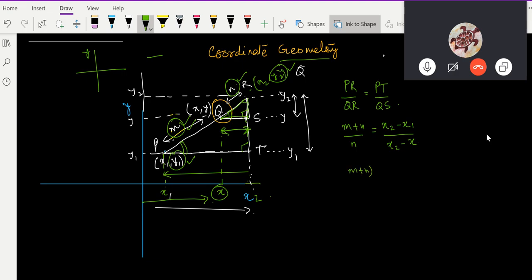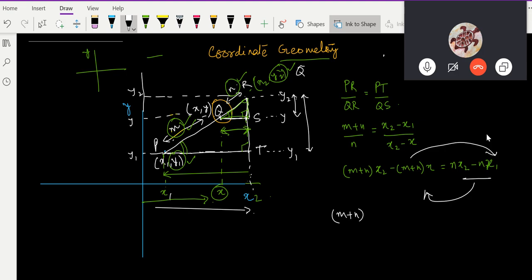So m plus n into x2 minus m plus n into x is equal to n x2 minus n x1. I bring this term this side and this whole term this side. So I get m plus n into x is equal to m plus n x2 minus n x2 plus n x1.